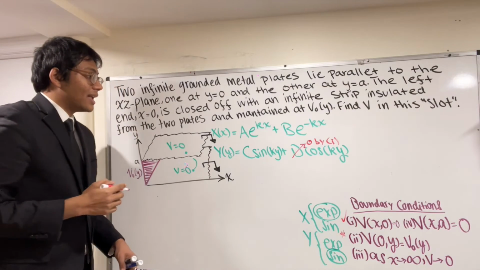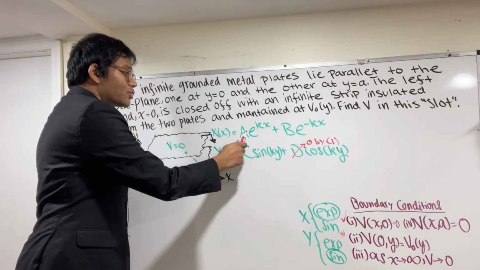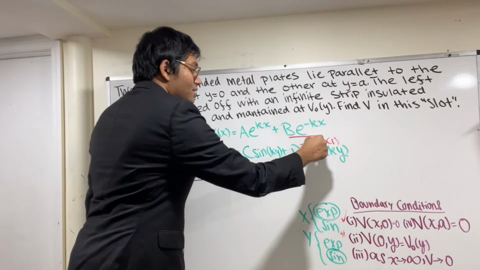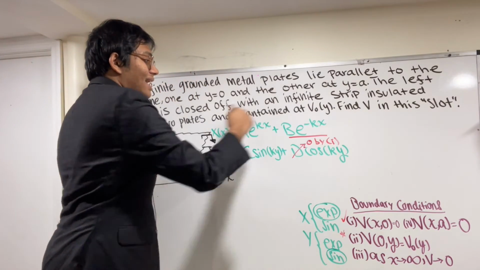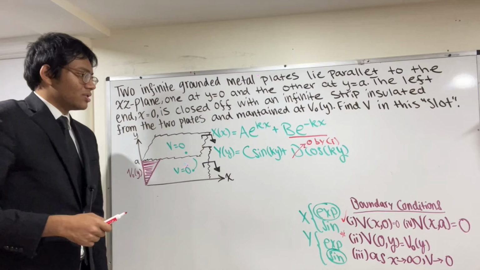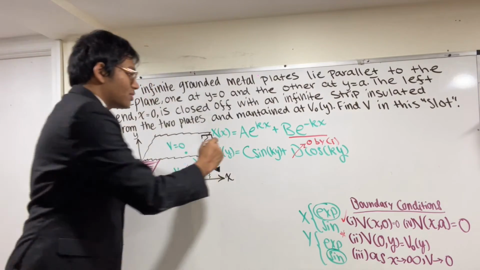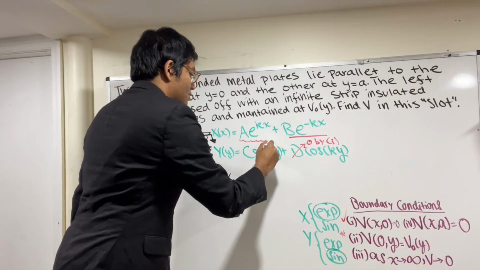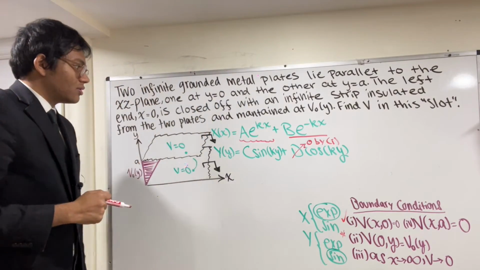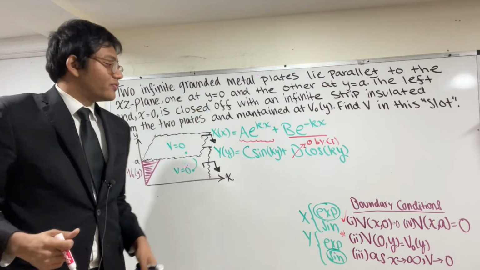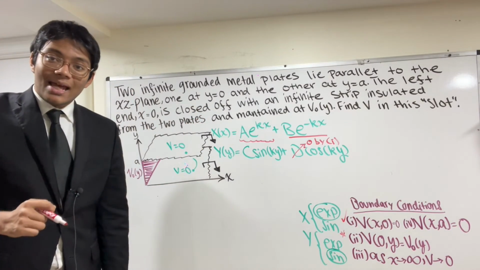Well, let's take a look at x. As x approaches infinity, this term is going to become smaller and smaller because it has a negative decaying exponential. But this term is going to fight. This term is going to be an anarchist, a rebel, a teenager. This e to the kx is going to grow and grow in droves, and we cannot let that happen.